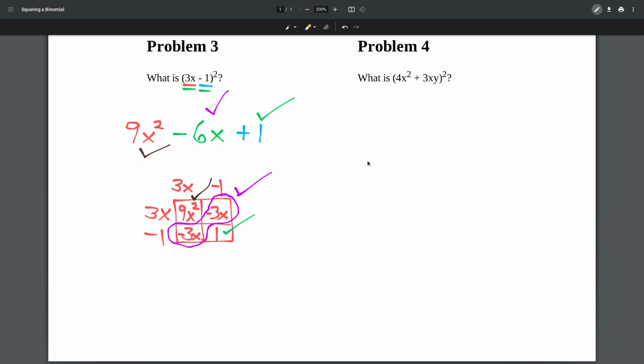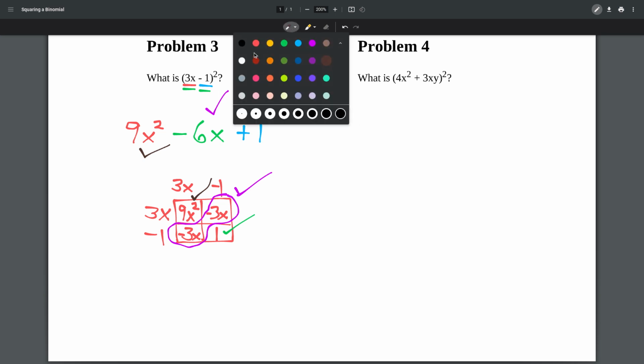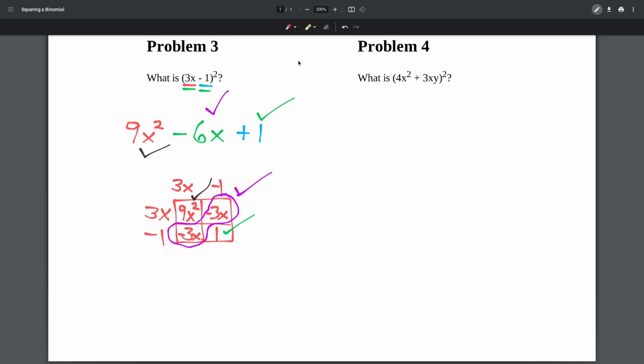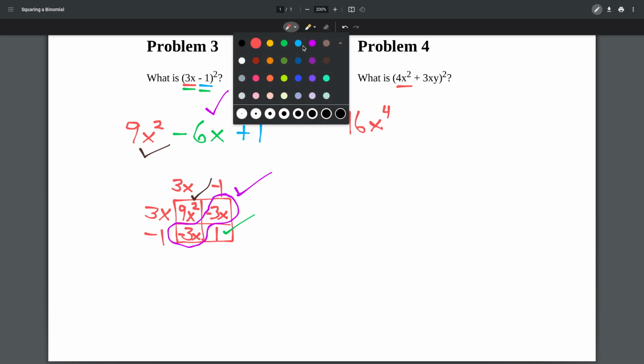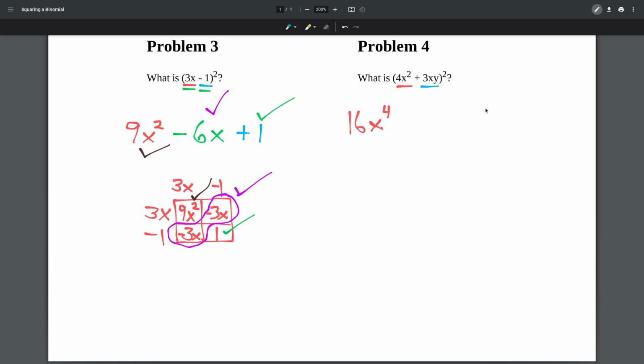Now that we know that the pattern is definitely working, let's use it for the next one. So the next one, we have this first term. Let's square that. That's going to be 16x to the 4th power. And then let's take this last term here, 3xy, square that.